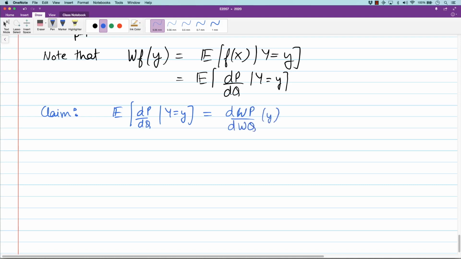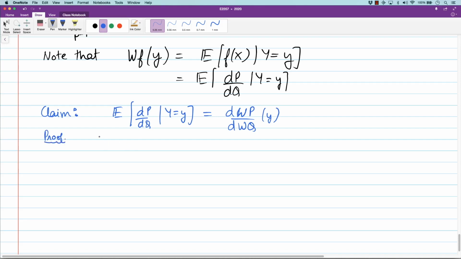Since P has a density with respect to Q, the output distribution when you pass P through channel W also has a density with respect to WQ, and that density is exactly this conditional expectation. Now this proof is a bit technical, but we will just show it for the discrete case where it's easy to see.